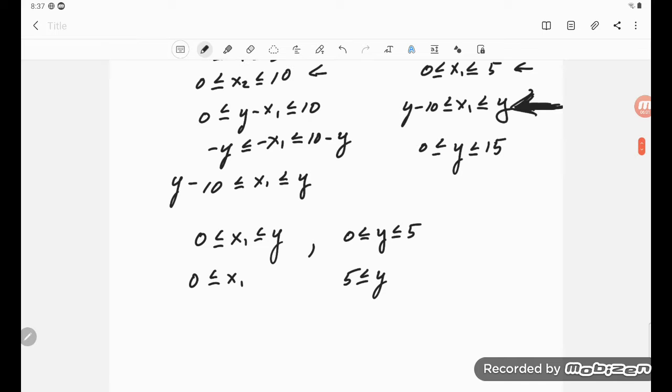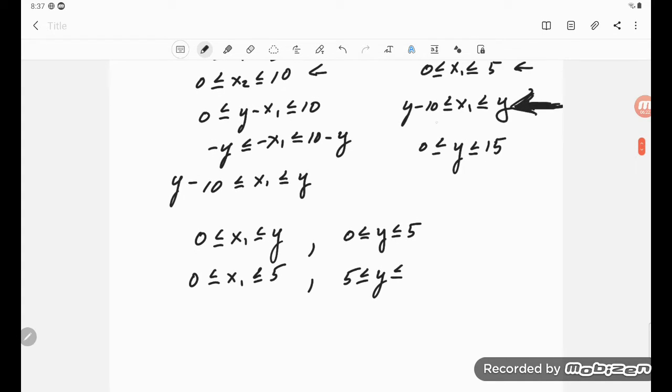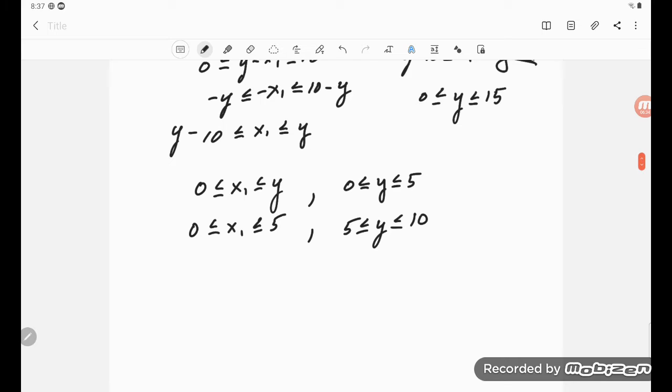And if y is at least 5, x1 can't be any bigger than 5, so that will be less than or equal to 5. But when does that stop? Well, when y hits 10, the second inequality becomes a 0 on the left-hand side, and so things will start changing at that point. So we'll make that 10.